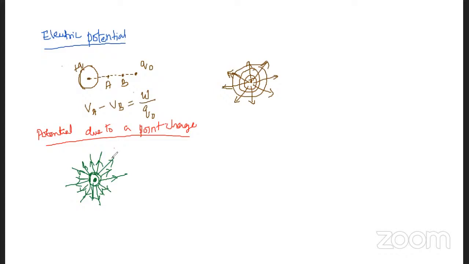We have to calculate the potential at a point B, which is situated at a certain distance.